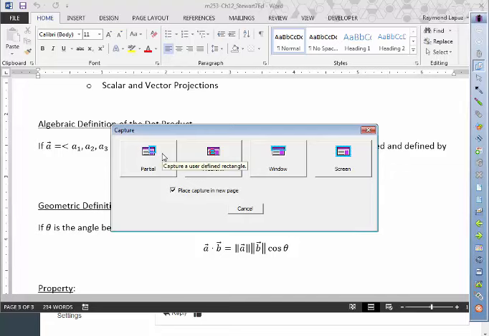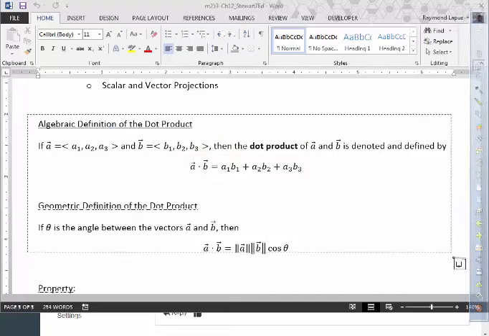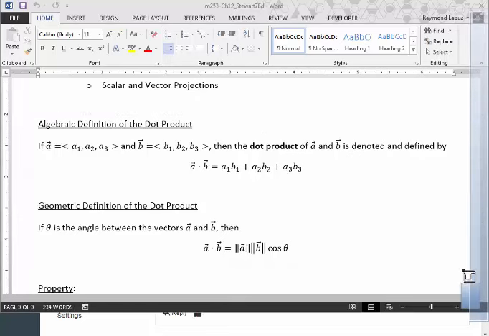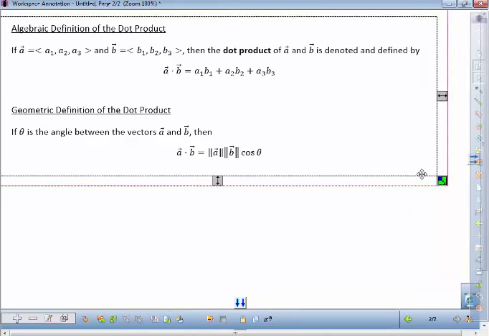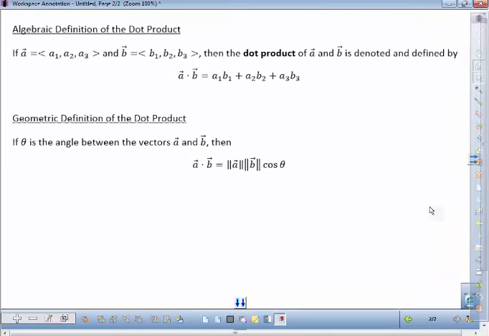Now you could do this in separate slides, but I think we could just put this all in one. The algebraic and the geometric definition of the dot product. Algebraically, a dot product is an easy computation, and this is where we would multiply the components of the two vectors together and then add those results together.